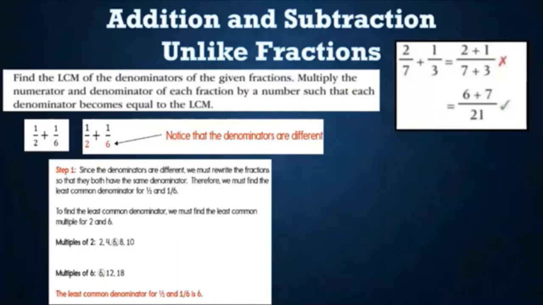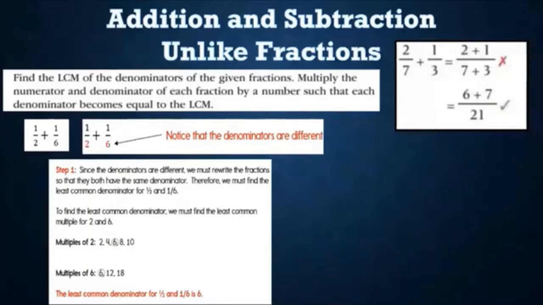And 1 by 6 will not change, as its denominator 6 is already the LCM. So it will become 3 by 6 plus 1 by 6. 3 plus 1 is equal to 4. So it will become 4 by 6. Therefore, 1 by 2 plus 1 by 6 is equal to 4 by 6.